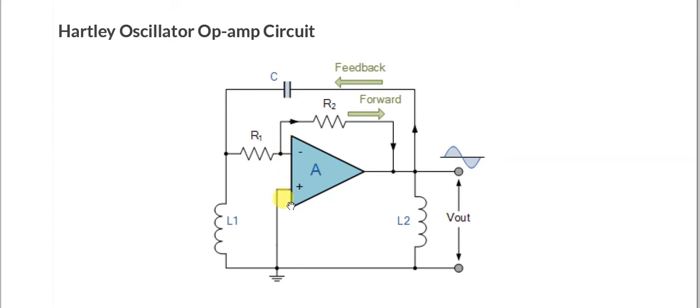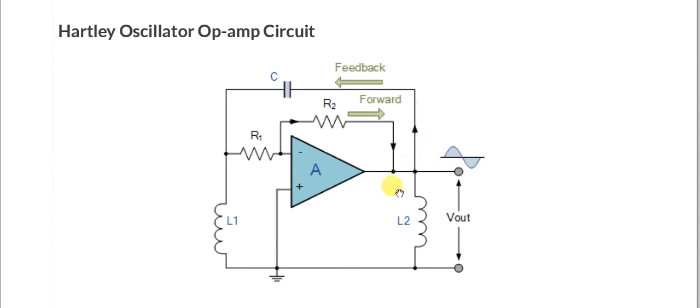L1 is connected in series with L2, and feedback is again given through L2, and the oscillations are set up between L1 and C. You can see here the feedback through L2 is injected into the tank, and sustained oscillations at the output are obtained. So this is the forward signal which is being passed on to the output.